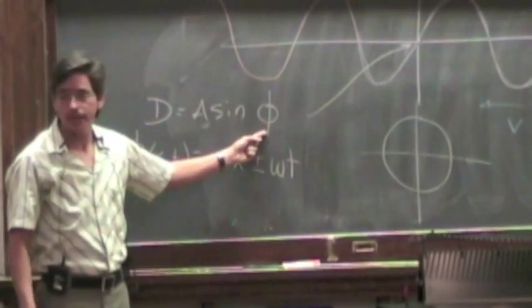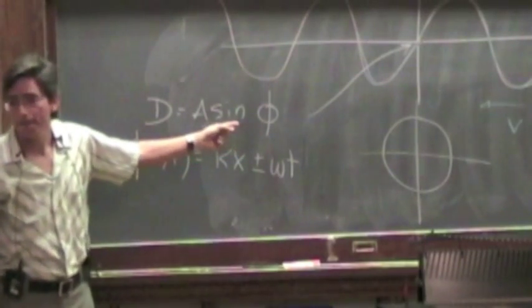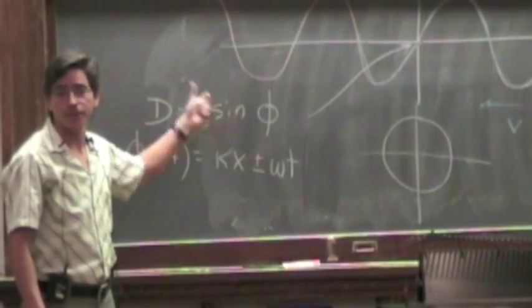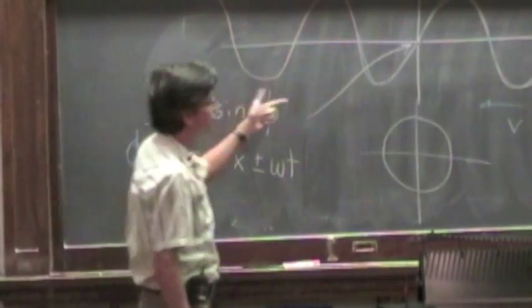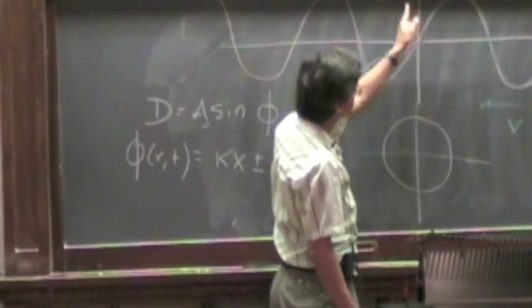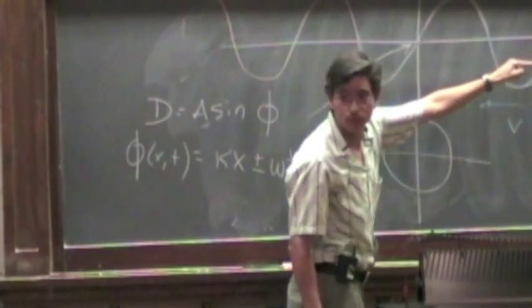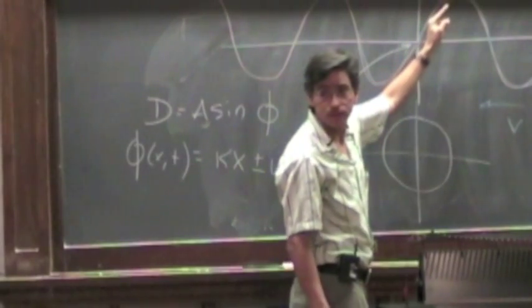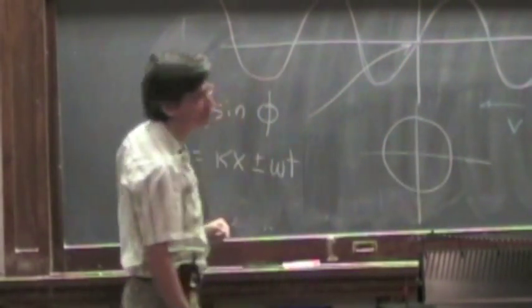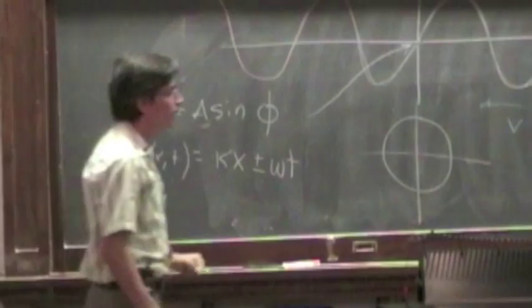Therefore, the phase is equal to either 0 or pi. I know it's got to be 0 because the displacement grows as you move that way. As the phase increases, the displacement increases. That is consistent with a phase being equal to 0, because that's what a sine of an angle does.